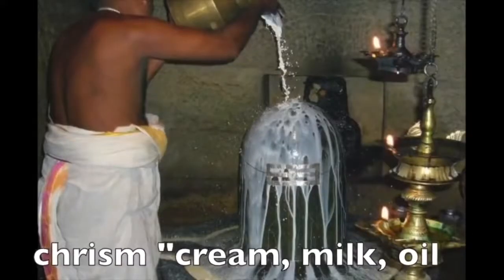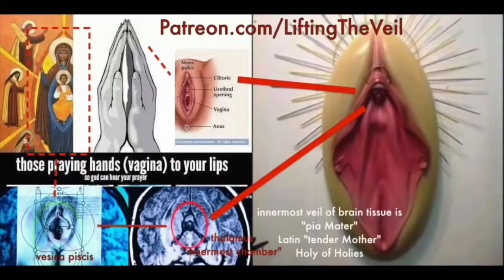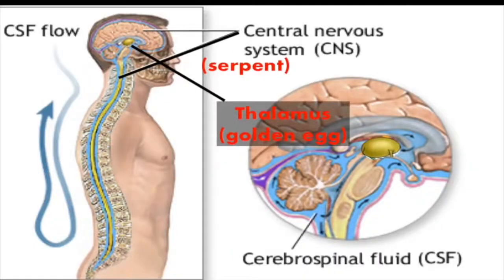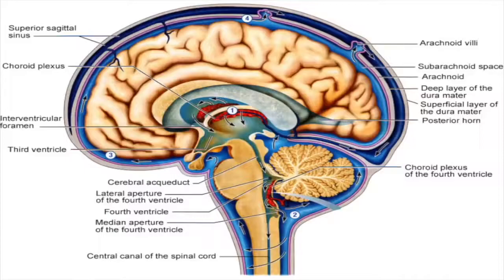And the pia mater, the tender mother, actually produces 70% of the body of the cerebrospinal fluid. In other words, the pia mater, the tender mother, literally produces the Christ. The pia mater literally produces the chrism, the cerebrospinal fluid, the holy, sacred oil, the anointing oil.